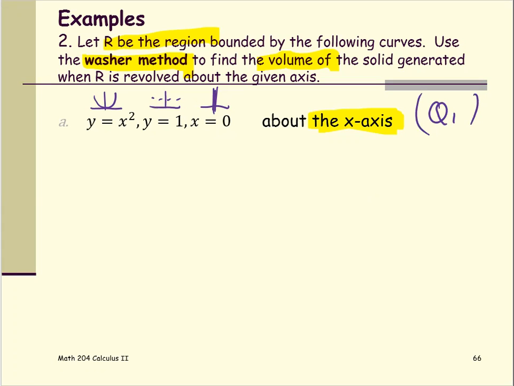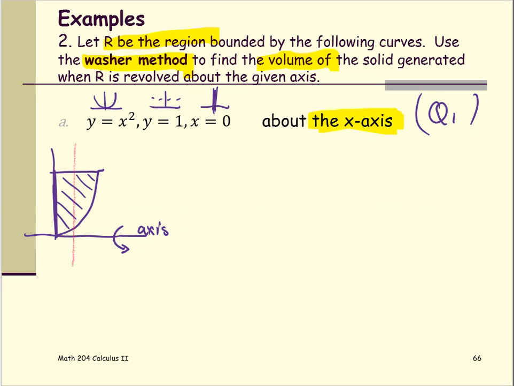So what we have in the figure is the parabola, y equals 1, and x equals 0, the region bounded by these three graphs. We're going to rotate about the x-axis, so this is the axis of revolution. The washer is still part of the slicing technique, so you do the cross section perpendicular to the axis of revolution.